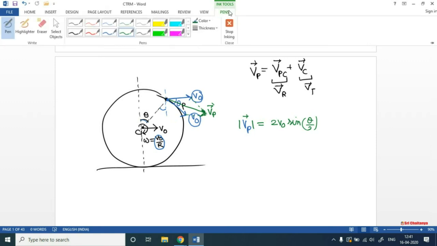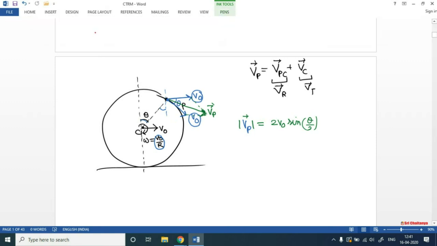Similarly, just to have a better insight into this problem, let's take some points. Let's say this is point A, this is point B, this is point C, this is point D, and this is point E. So what would be the velocity of point D using the same expression? The velocity of this point D is going to be 2v naught.